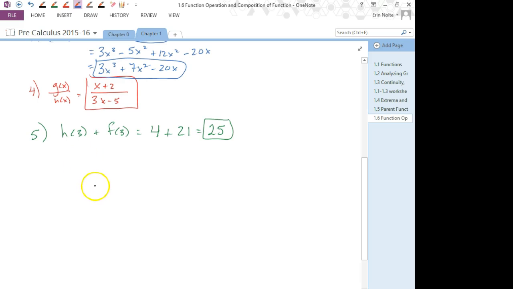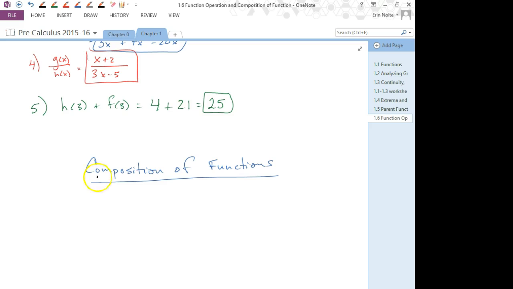The second half of this is composition. The notation that you generally see for this one, if you're dealing with an f and a g, is f of g of x, which is equivalent to, you guys remember, f circle g of x?